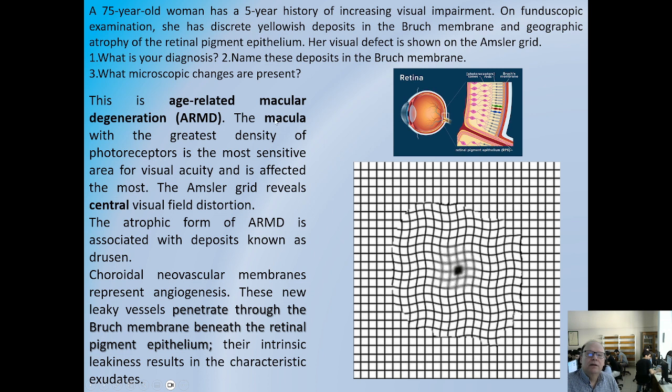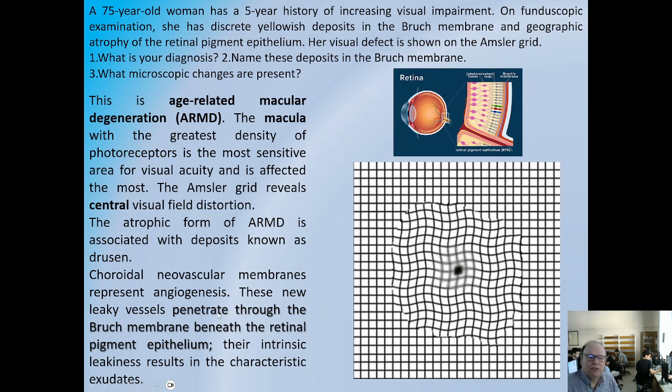And here is the macula. Remember, we saw that in the anatomy, the area of the macula, the greatest density of photoreceptors is there. And we have a central visual field distortion. So this is the atrophic form, and it has to do with some deposits.